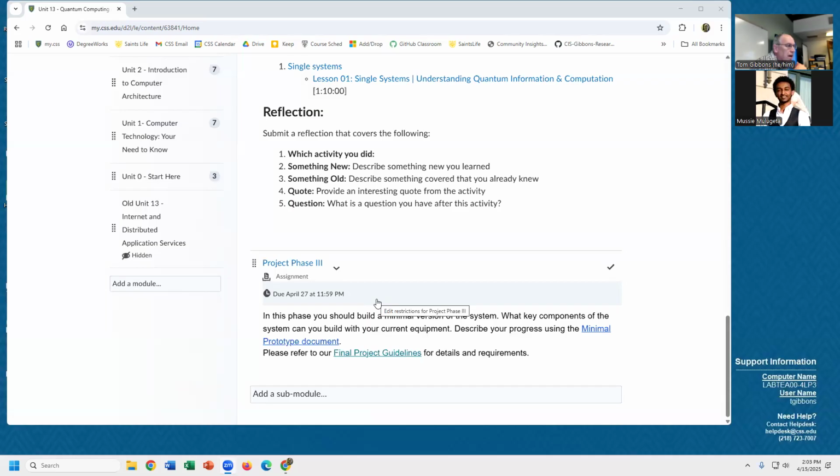By the 27th, so not this Sunday, but the Sunday after that, we want to try to have not your whole project done, but some minimal, basic part of it working. So something, set up, some software installed, maybe a camera working or something like that on your project. And then we can add to it there.